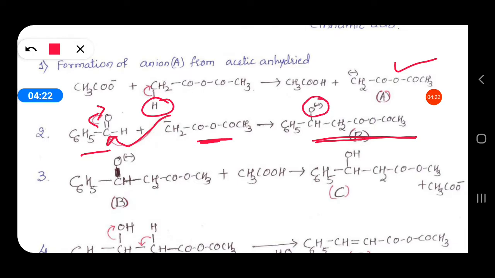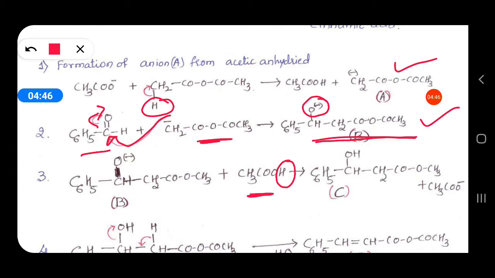Now the charge is on the oxygen, O minus. So this is anion B. The nucleophile added to benzaldehyde and gives anion B. This anion B now accepts a proton from this acetic acid which is formed in step 1.